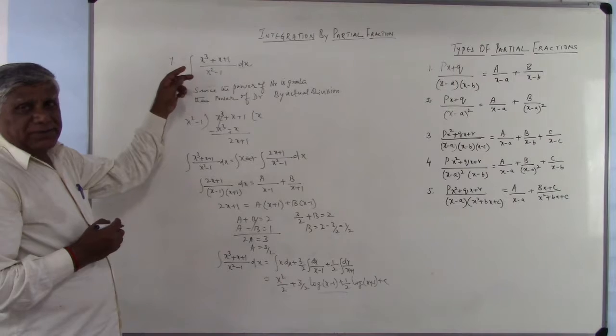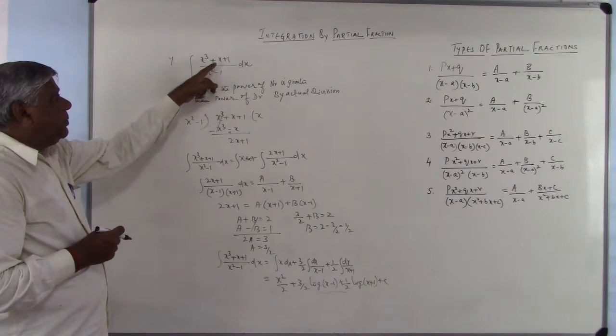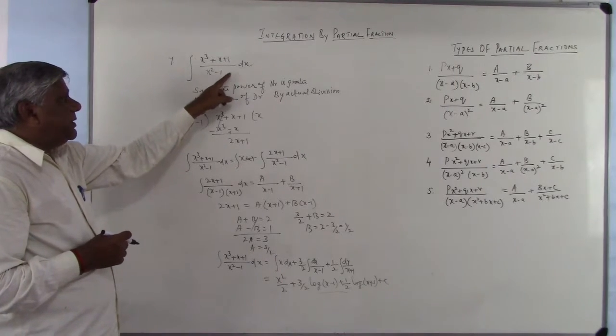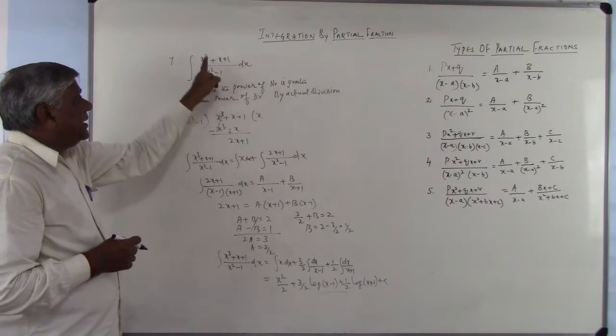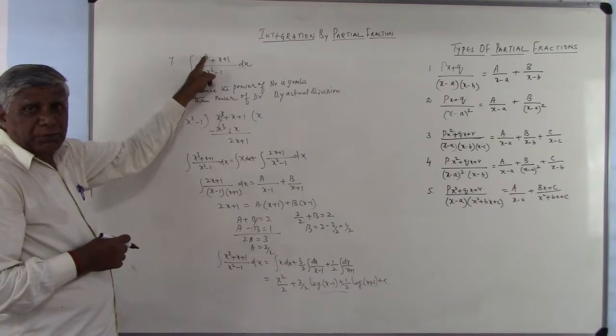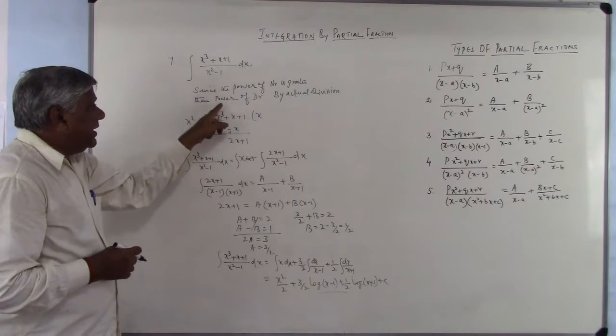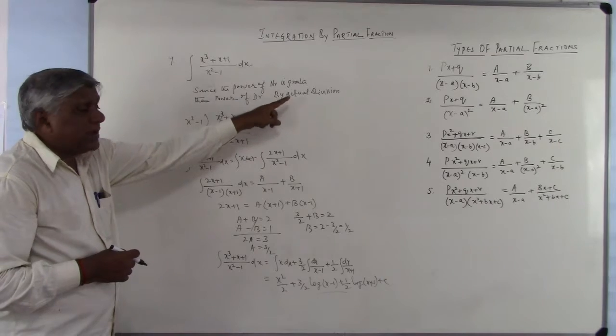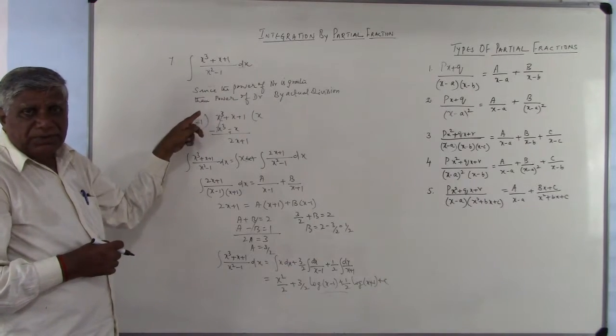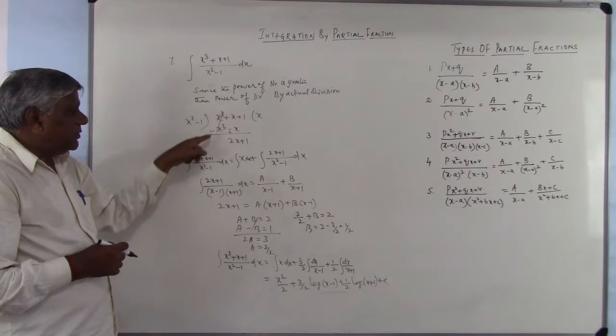Okay, now we shall see this problem: integral x cube plus x plus 1 divided by x square minus 1 into dx. See here, since the power of the numerator, x cube, is greater than the power of the denominator, x square, you have to do this problem by actual division. So we have done this by actual division.